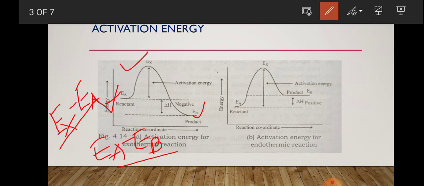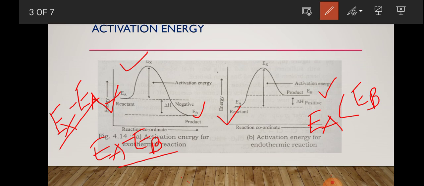And when potential energy of reactant EA is less than EB, that is potential energy of product, then required excess energy is absorbed from surroundings.